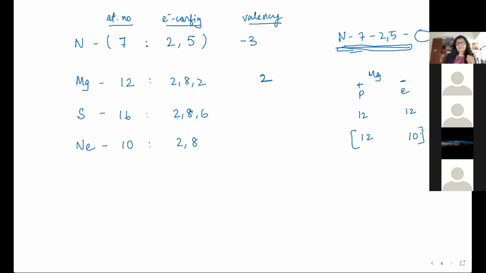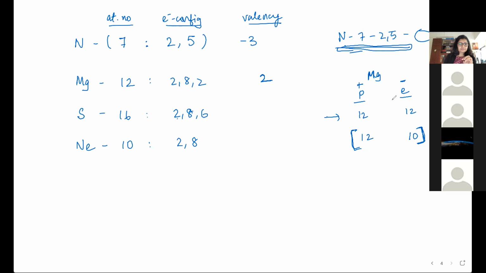Okay. Do you guys agree with Samriddhi? Aryan? Yes. Ma'am, the electrons of magnesium. See, initially this was the situation. If you take a magnesium atom, it will have 12 protons, 12 electrons.